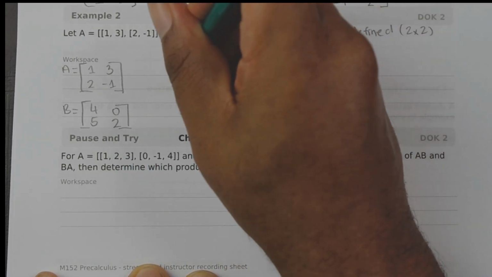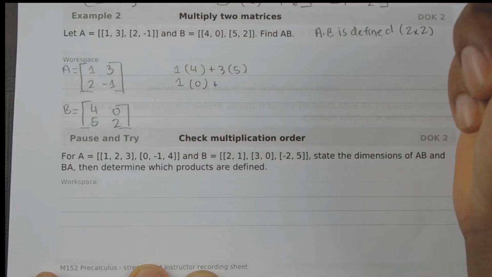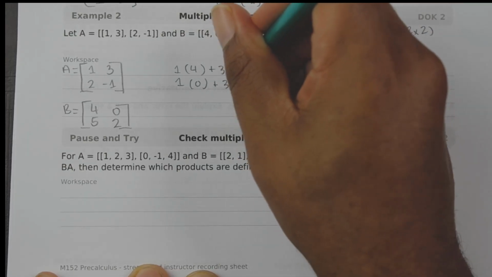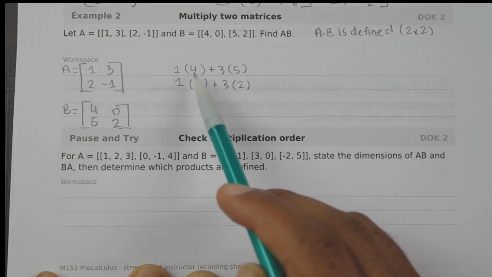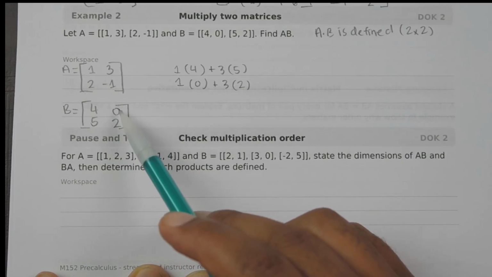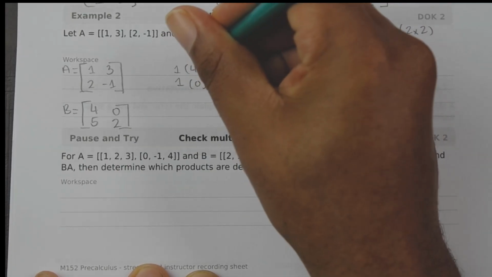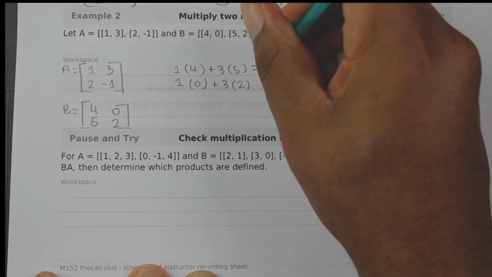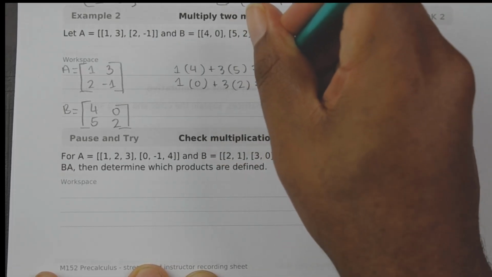And then we would do 1 times 0 plus 3 times 2, the row 1, 3 by the column 0, 2. Then we would compute. 4 plus 15 would give us 19. 0 plus 6 would give us 6.